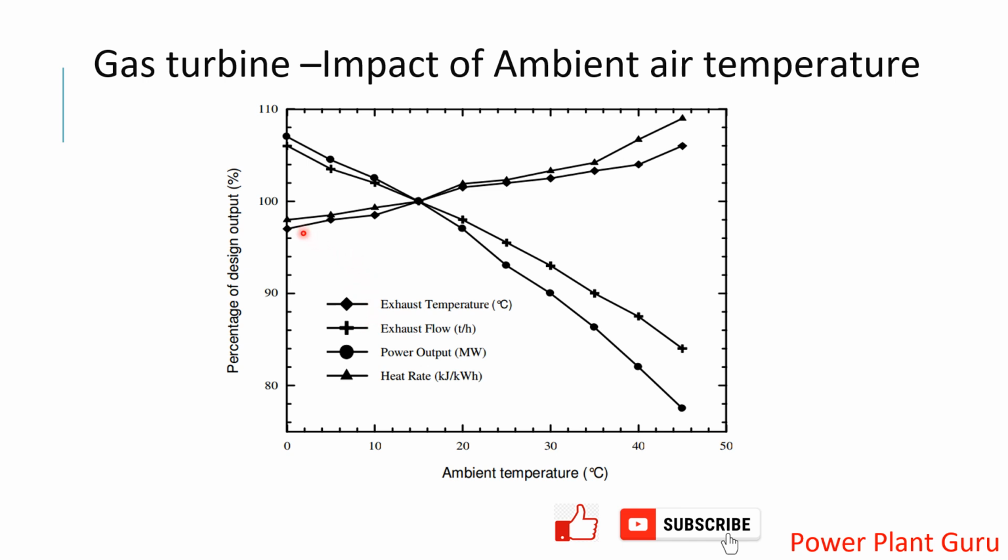The ambient temperature is on the x-axis and the output of the machine is on the y-axis. The gas turbine exhaust temperature increases as the ambient air temperature increases, and the heat rate is also increasing. This line, with the triangle symbol, is also increasing.